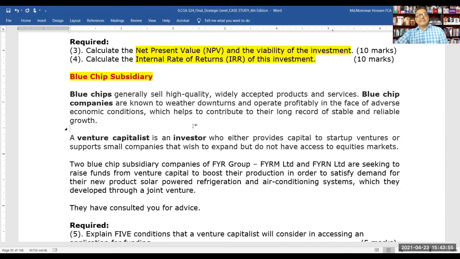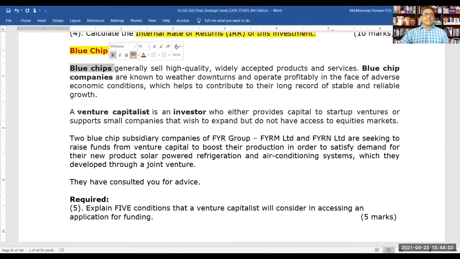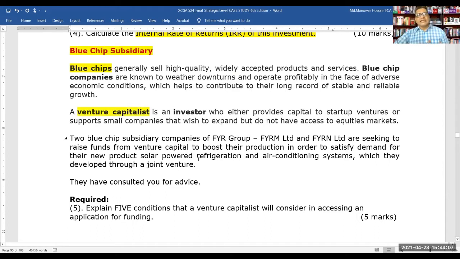A venture capitalist is an investor. So it is asking what is a blue chip? What is venture capital? Venture capital is an investor who either provides capital to a startup venture or supports small companies that wish to expand but do not have access to the equities market.